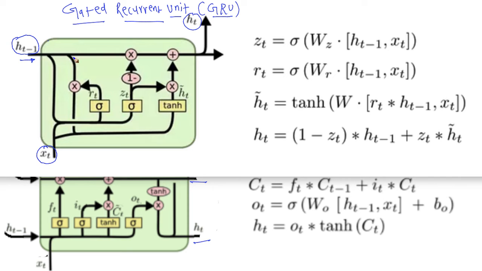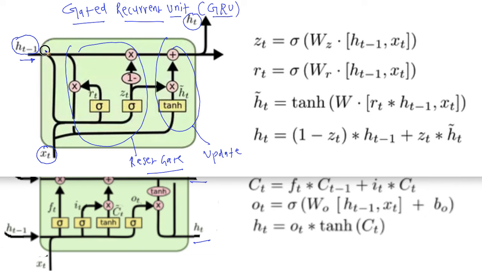The other thing is, we have only 2 gates here. This is the first gate and this is the second gate, right? This first gate is called the reset gate, and this is called the update gate. If you look, this structure was there in LSTM, and this allows us to decide how much we should pass from previous state to next state.